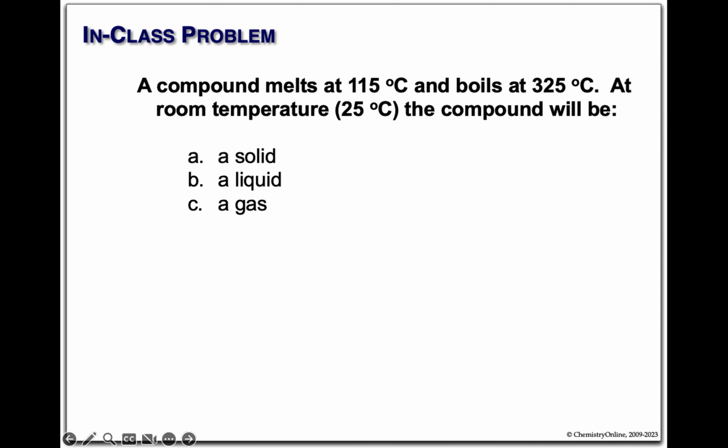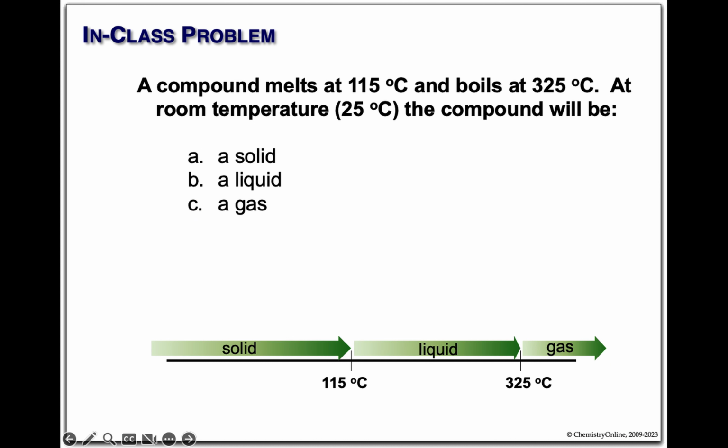Melts at 115, boils at 325, at 25, what is it? People did better this time. Solid, liquid, and gas. Here's our melting point, here's the boiling point. We're at 25. That's way down here. It's a solid.